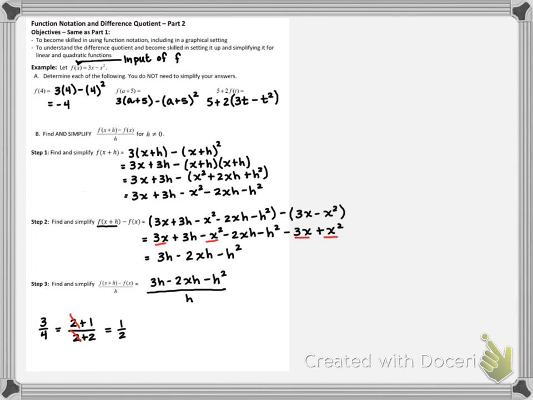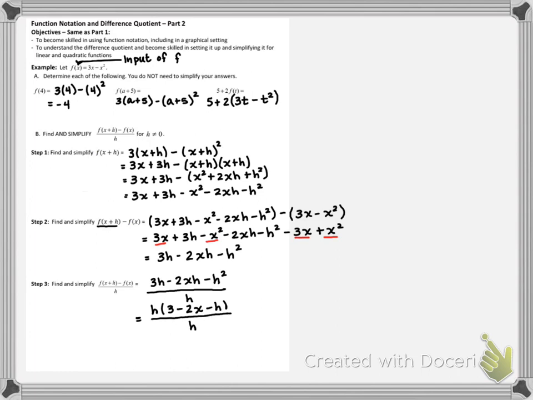You only get to cancel factors, things that are involved in multiplication. So in order for us to cancel that h, we need to factor a GCF of h out of the numerator. So we're going to write the entire numerator as h times another polynomial. We're just undistributing the h from all three terms. So h times 3 minus 2x minus h.